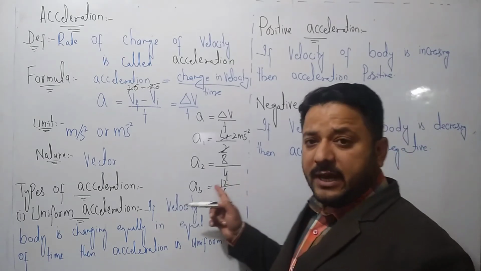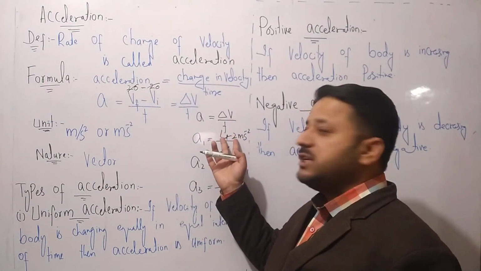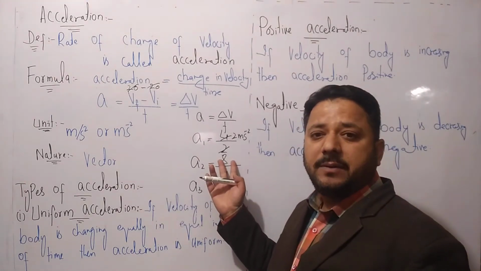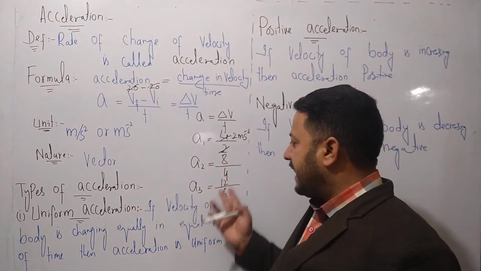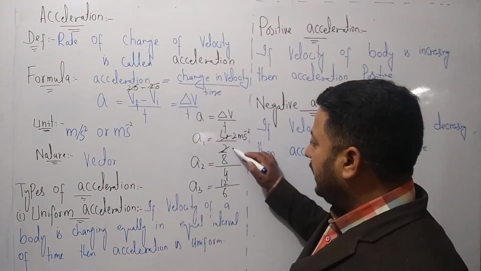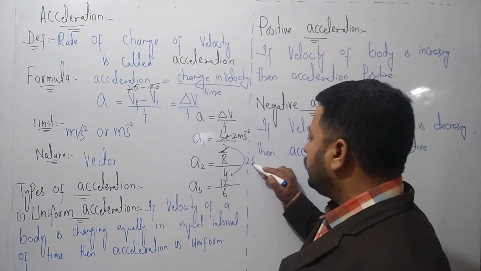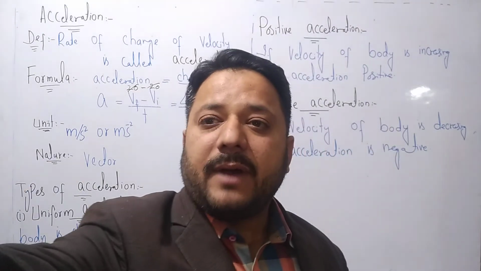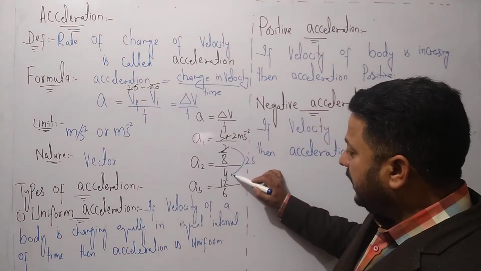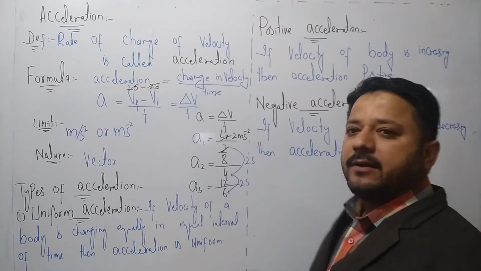Students, here velocity is changing: in the first case it was changing 2 meter per second, and in the second case, in 4 seconds, velocity is changing 8 meter per second. From here to here the time interval is 2 seconds, and from 4 seconds to 6 seconds, again the time is 2 seconds.